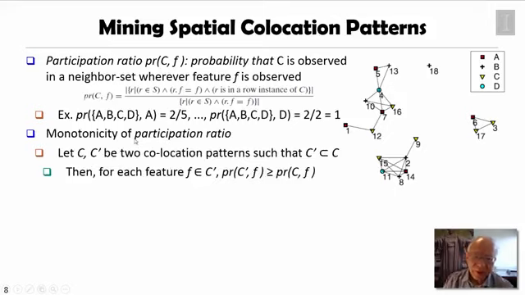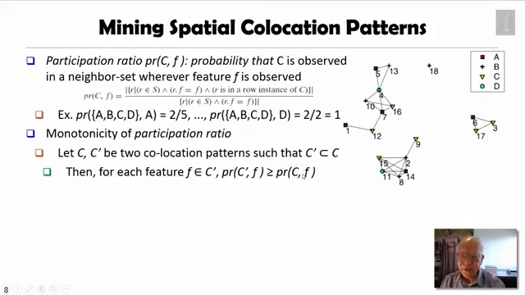Then we may derive an interesting property called the monotonicity property of participation ratio. Suppose we have C and C prime as 2 collocation patterns, but C prime is a subset of C. Then for every feature F, if F is participating in C prime, the probability will be higher than participating in the superset.